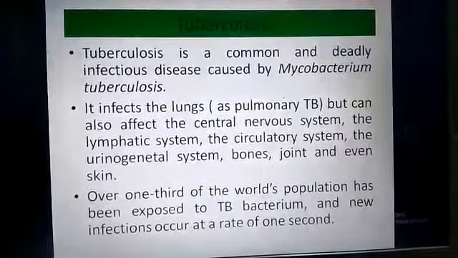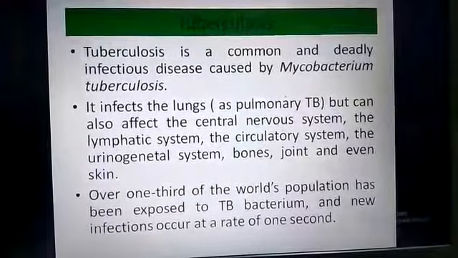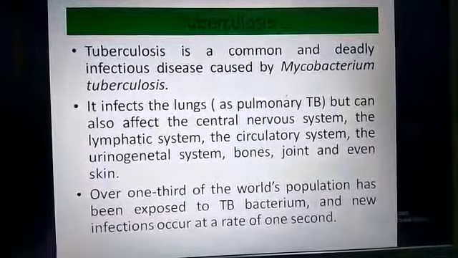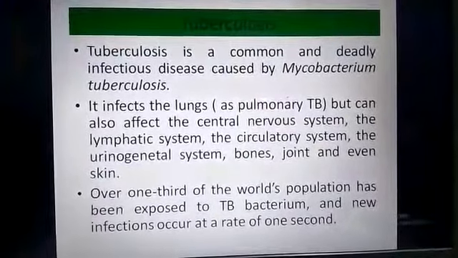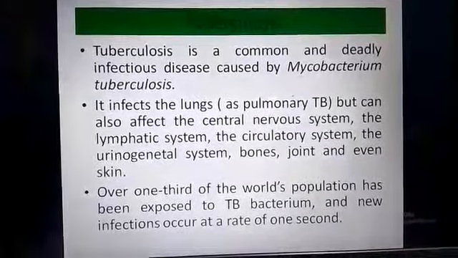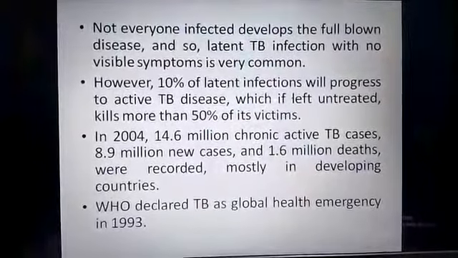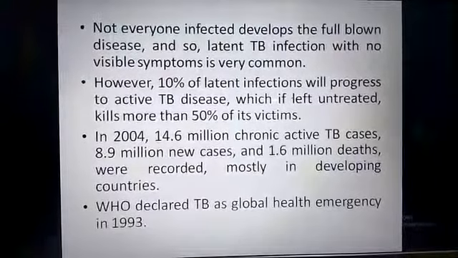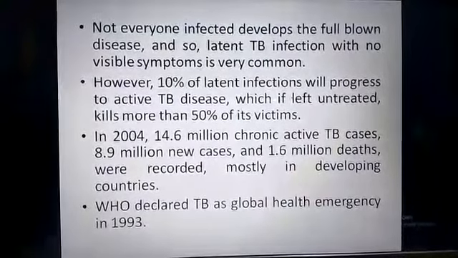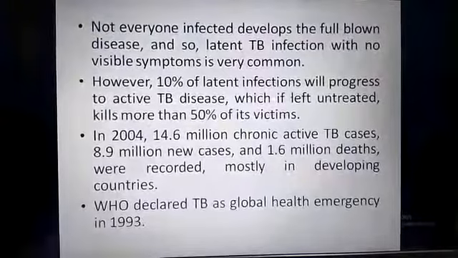Over one third of the world's population has been exposed to the TB bacterium, and new infections occur at a rate of one per second. Not everyone who is infected with TB develops the full-blown disease.